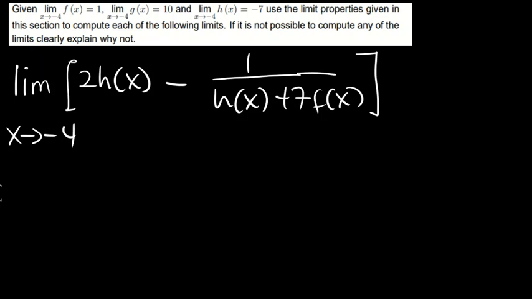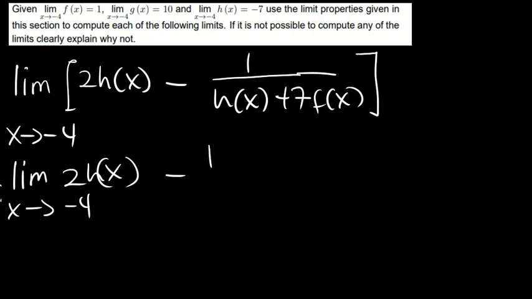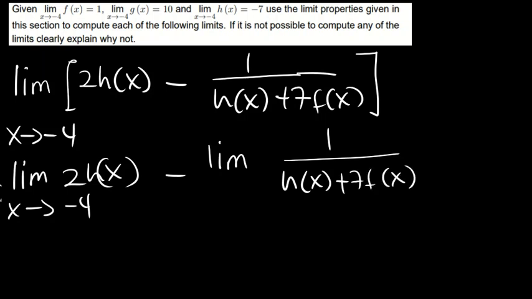For this also, we are going to have the limit of 2 multiplying h of x as x approaches minus 4, minus the limit of 1 over h of x plus 7 multiplying f of x as x approaches minus 4. This is what you are going to have.